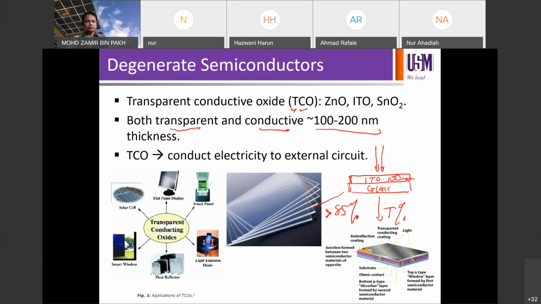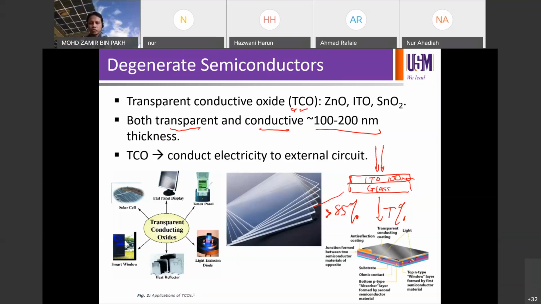Just imagine if you can integrate this TCO on your windows. If you're driving a car, for example, you can replace the tint inside the car made of plastic with transparent conductors. So as you drive, you're actually generating electricity as well, due to the contribution of the solar cell on your windows.